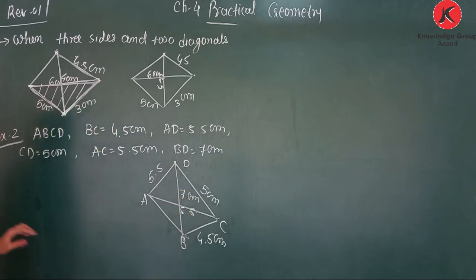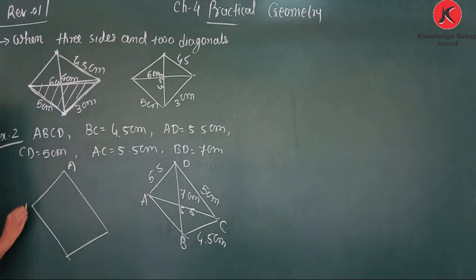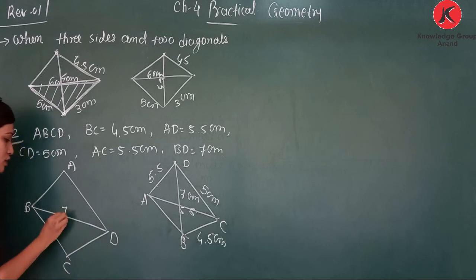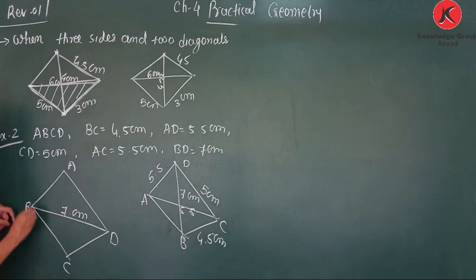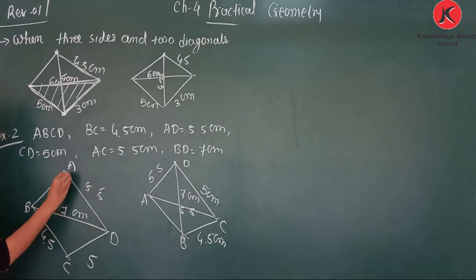If you give the name of the quadrilateral like this, you start from here, then you can draw BD first of 7 centimeter, then BC is 4.5, AD is 5.5, CD is 5 and AC is 5.5. So both figures give the same result.